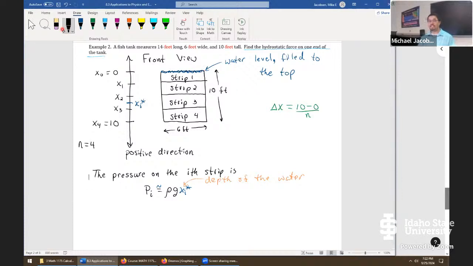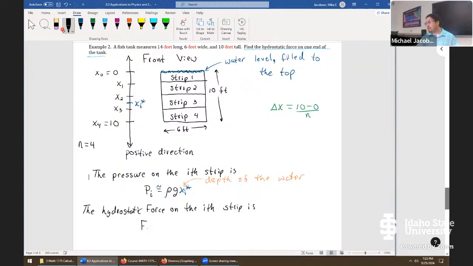Well, next thing we want is the actual force. So let's say the hydrostatic force on the ith strip is, well, recall for the force equation, you just take pressure times area. So that's not too bad to deal with.